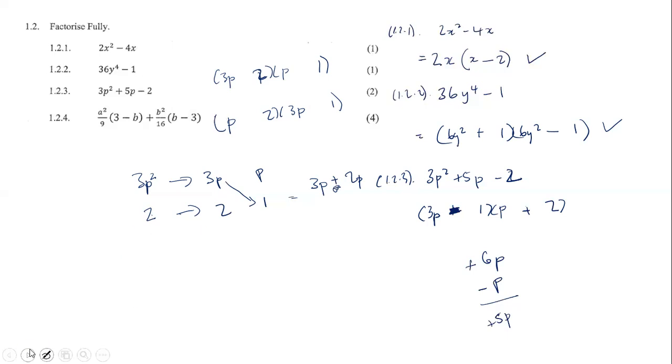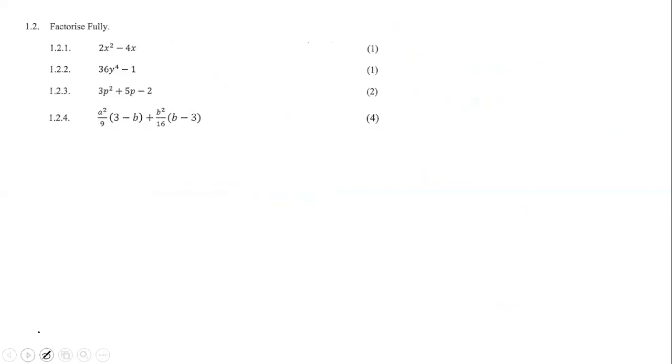So now let us move to question number 1.2.4. It says we are given a squared over 9, open bracket 3 minus b, plus b squared over 16, open bracket b minus 3.